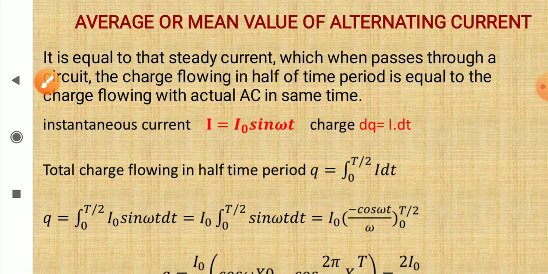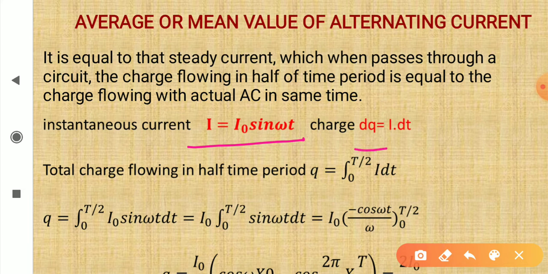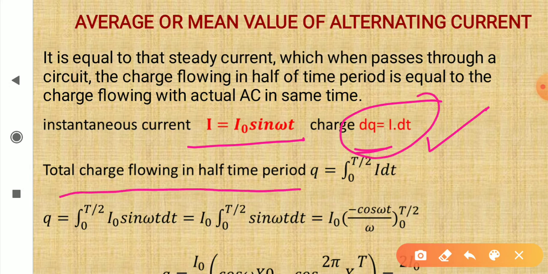So let's see how we work out. Now the relation for instantaneous current can be taken as I naught sin omega t, and you know that small amount of charge dq will be given by I dt. And we have to find out the charge flowing in half of time period.